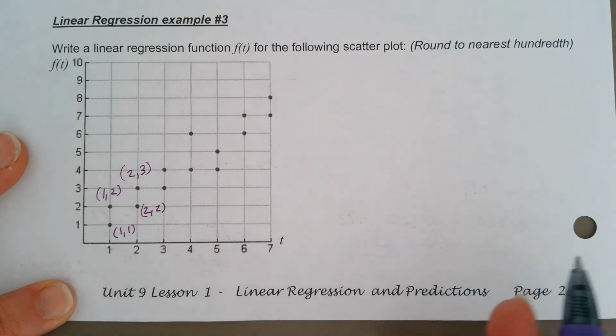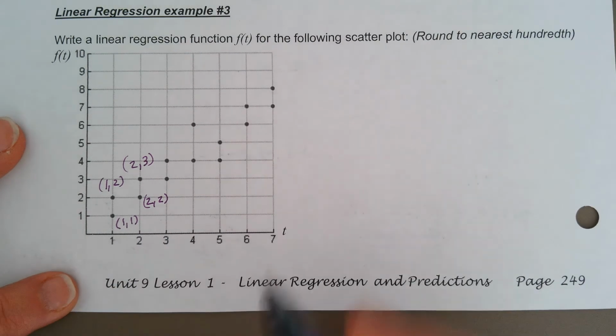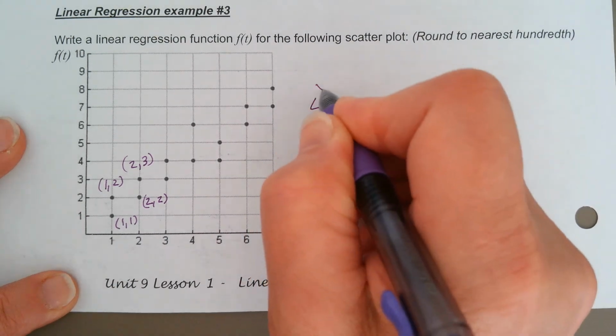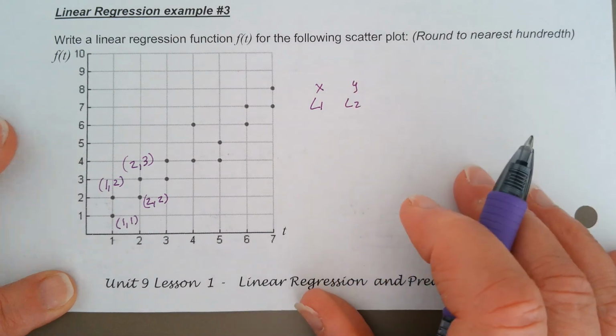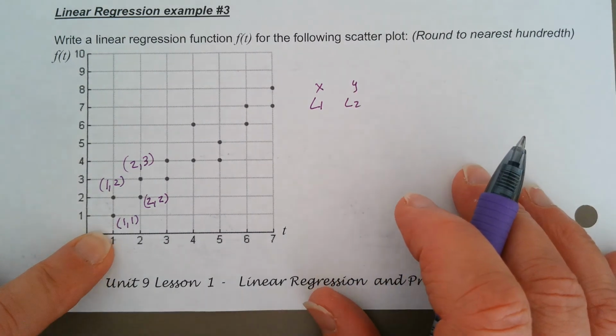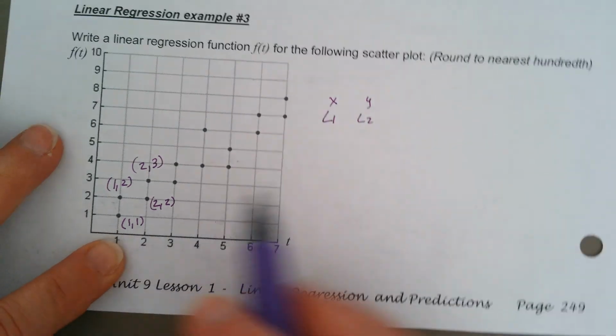All right. So what we need to do is all our x coordinates go in L1. So L1 is our x coordinates and L2 is our y coordinates. And just make sure you put them in so that they correspond with each other.